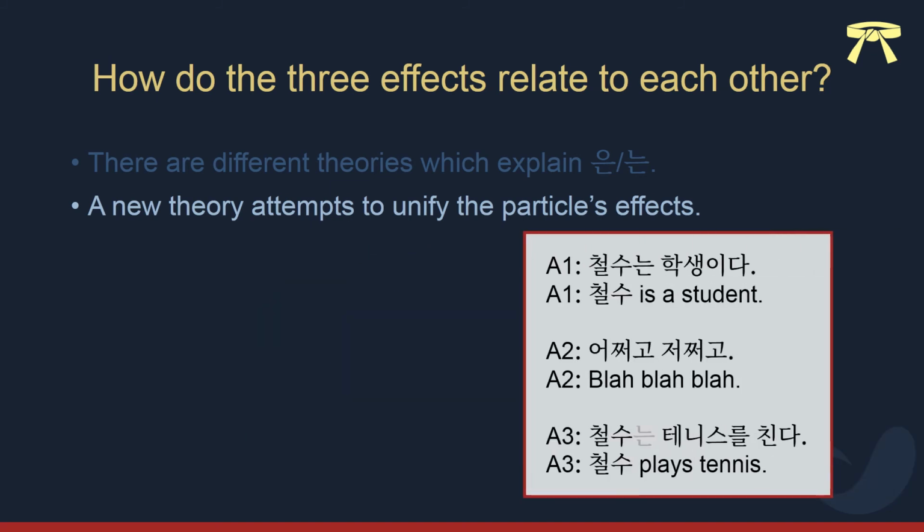If we have a continuing topic such as A1, Chosu is a student, A2, blah blah blah, A3, Chosu plays tennis, in this case you wouldn't use nun in A3 because Chosu hasn't left the stage, so to speak. Chosu is the topic, and yet it doesn't require nun marking. If the speaker does use nun, then it's now being used for its contrast effect. It would appear that Chosu is being contrasted with someone else.